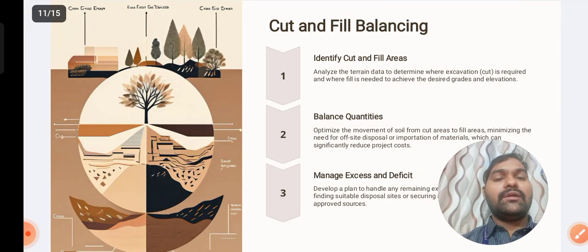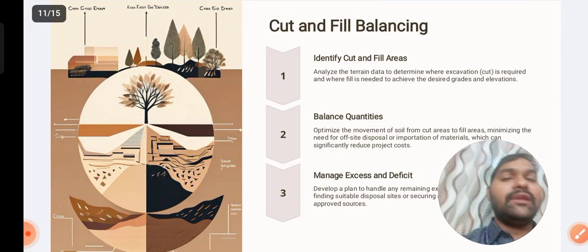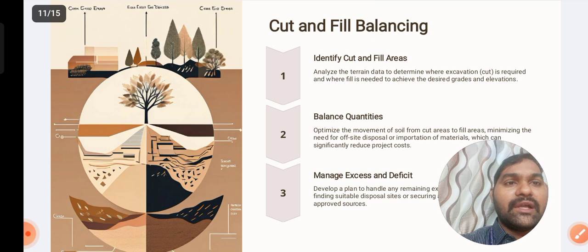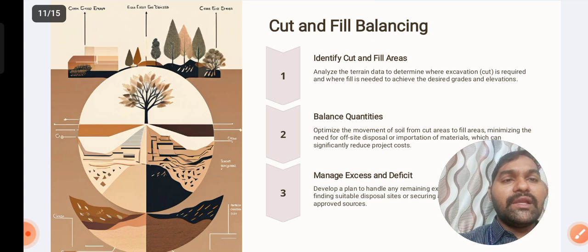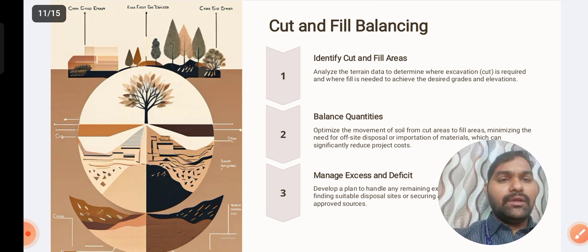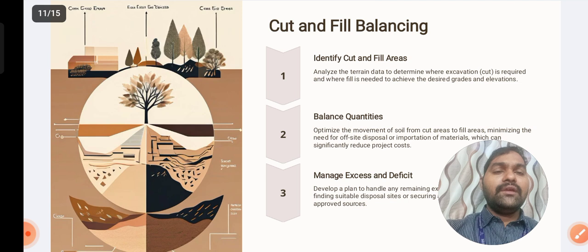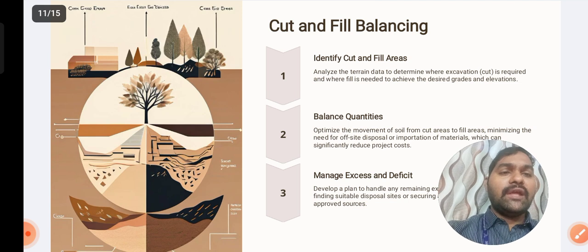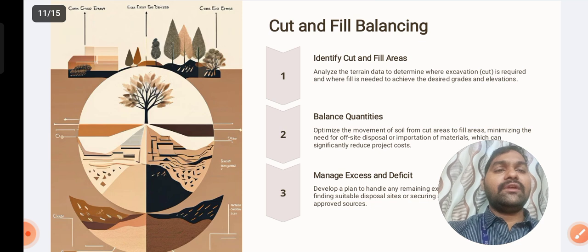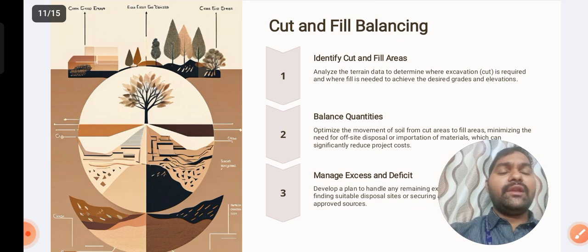Okay. And then, the cutting and filling, we already discussed. In cutting and filling, first we need to draw the existing ground profile, and then we need to draw the proposal level, so that we get what is the amount of cut and what is the amount of fill.